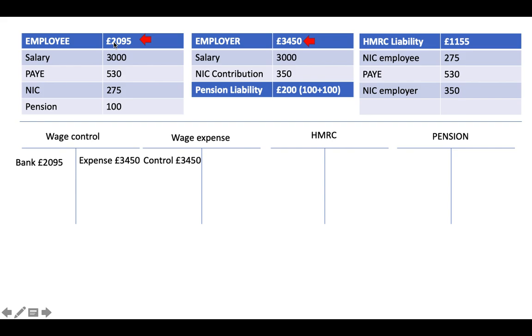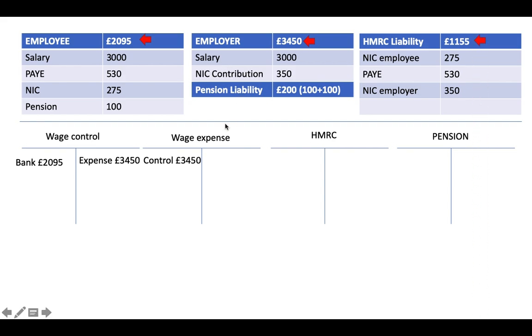You could put another little ledger in here for bank if it helps sort it out in your mind, but I've just popped it in there. So straight from the business's bank account into the employee's bank account is £2,095. That's our first cost that's gone out to bring this expense down.